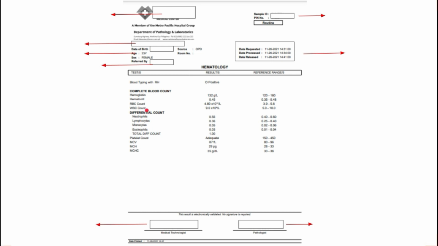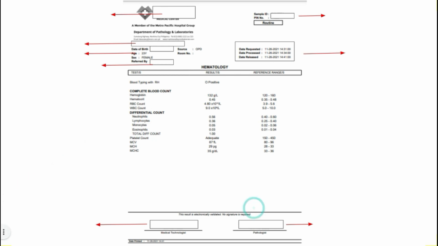Aside from that, minention din po doon na kailangan daw po naka-indicate yung value na nakuha. In this case po, for example, hemoglobin po ang sabi, they had gotten 132 na value and yung unit of measurement is in grams per liter. Ayan. So again, na-meet niya yung tatlong criteria, yung test name, yung value, plus yung unit of measurement.